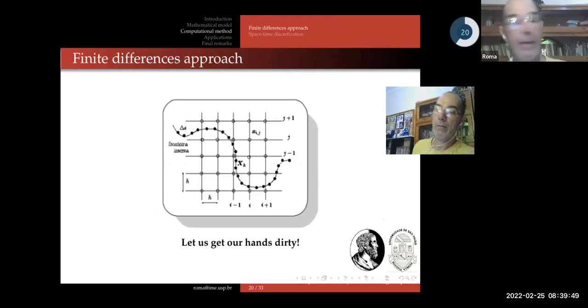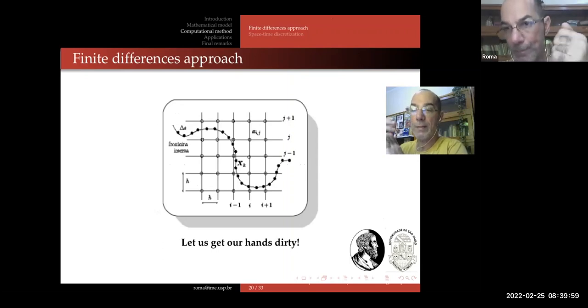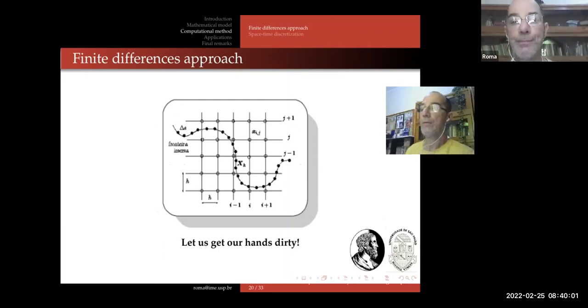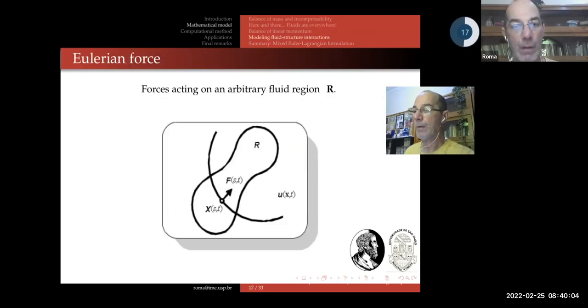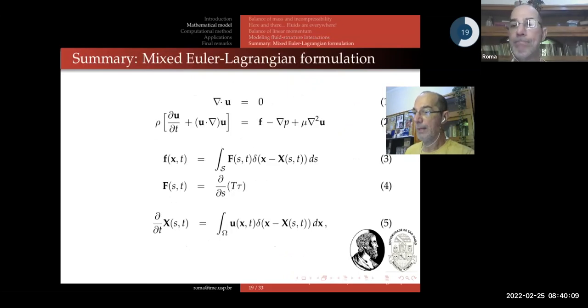Well, I will show you a little bit. I will make some comments on how to do it using the finite differences approach. So you have here the complete set: Eulerian variables, Lagrangian variables, and an immersed fiber, Lagrangian representation, and that's how we will do it.